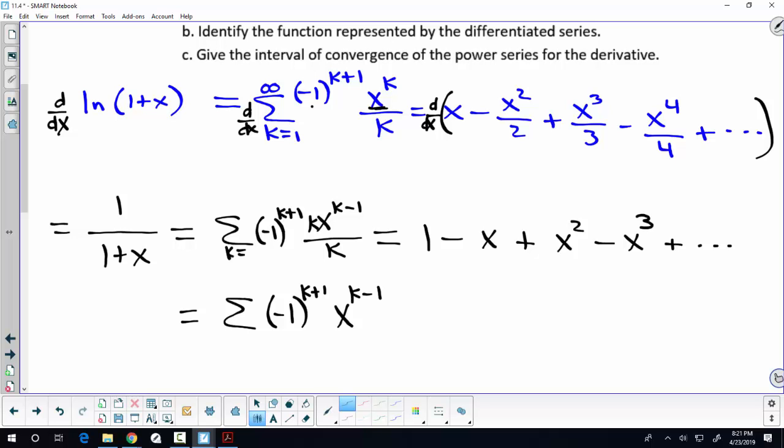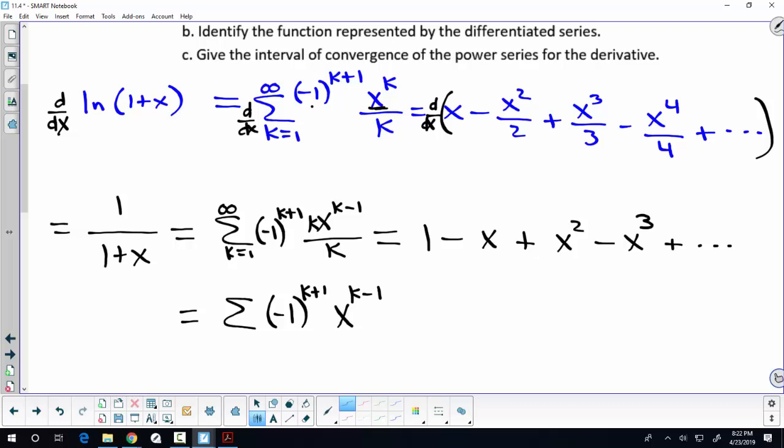So let's be a little bit neater here. Notice that's not quite the representation for the alternating geometric series. I believe that's the second one in the formula on the first page. Their expression is negative 1 to the k times x to the k. We've got x to the k minus 1, so we would add 1 there and shift it over.